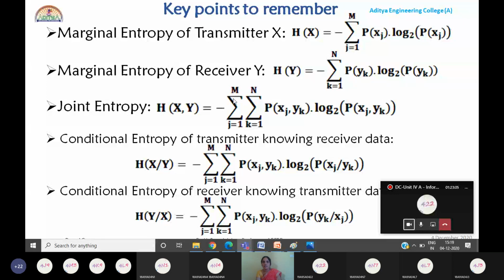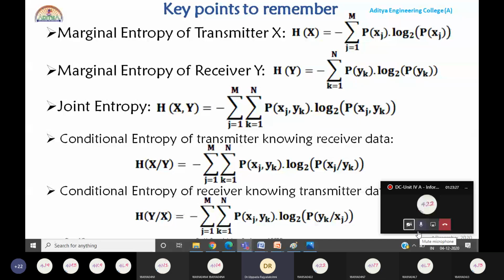Okay okay madam, continue. Joint entropy H of x comma y is minus summation j is equal to 1 to m, summation k is equal to 1 to n, p of x j comma y k into log of p of x j comma y k base 2.